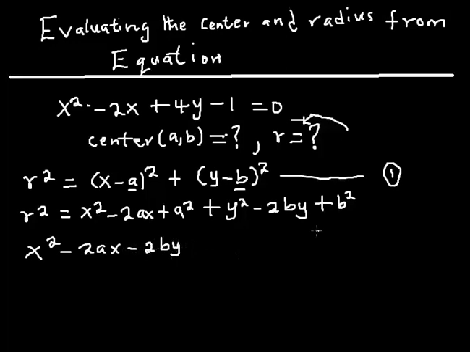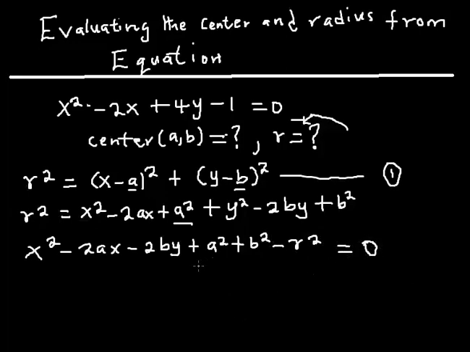Then of course I collect the constants together. The constant I have is a squared, plus b squared, then of course r squared comes over, becomes minus r squared, all equal to 0.